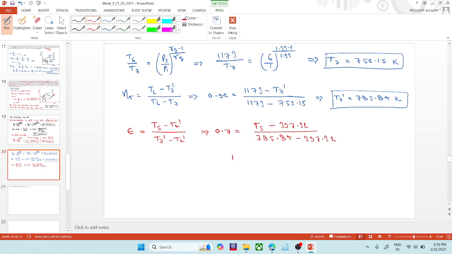So from here we can get the value of T5 as 669.28 Kelvin. Okay, so as of here we got all the temperatures.